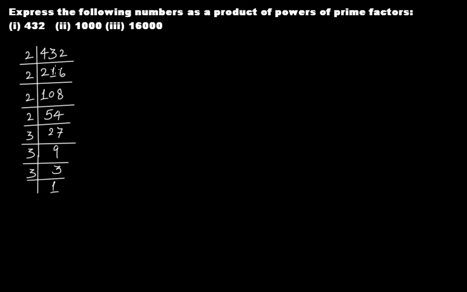Right? So if you look at this one, we can write this as 1, 2, 3, 4, 1, 2, 3. So 2 into 2 into 2 into 2, right? Group them together. Then into 3 into 3 into 3. This becomes 2 raised to the power of 4 into 3 raised to the power of 3, right?